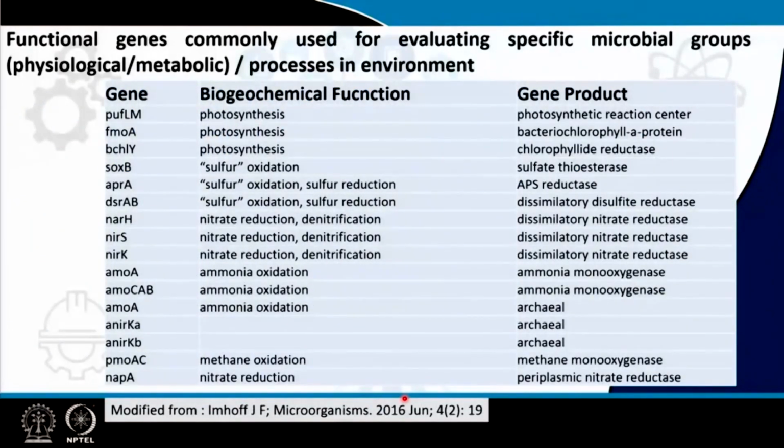Along with the ribosomal RNA genes that I have mentioned, that we have both 16S and 18S ribosomal RNA genes for prokaryotes and eukaryotes, we have a large number of functional genes, and these are very well known functional genes which are used in different biogeochemical function assays.